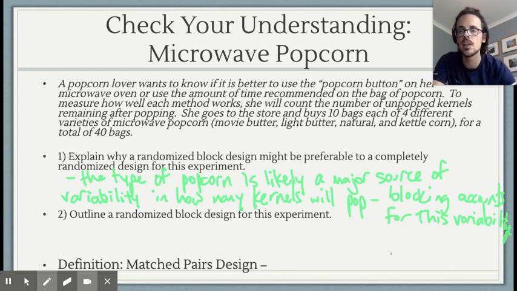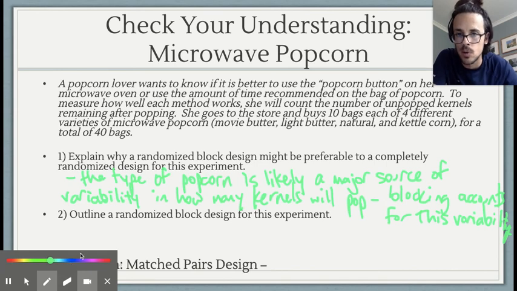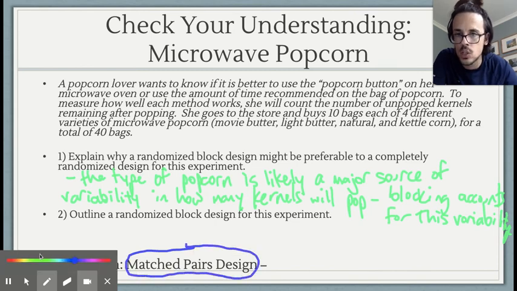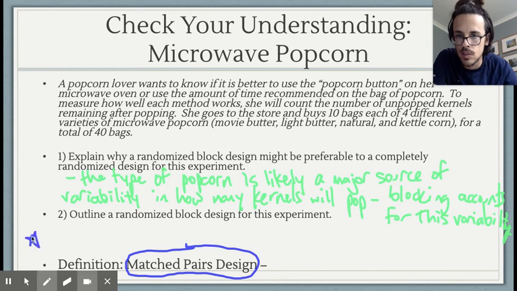Very last thing, I didn't want to waste an extra piece of paper. This is the 8th slide, but this is actually important, and it looks not important because I tacked it on the end right here. But put a star by this last definition. Matched pairs design is important, and it's the last thing we have to talk about in our notes right here.